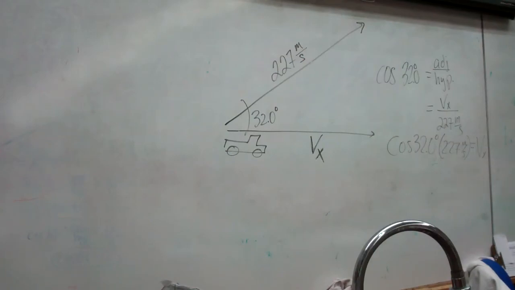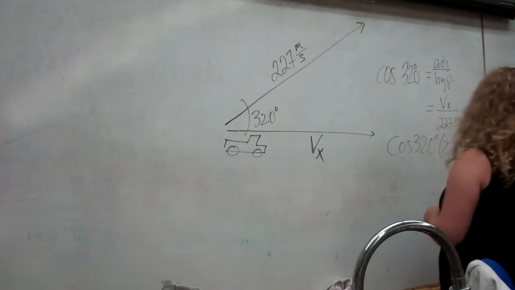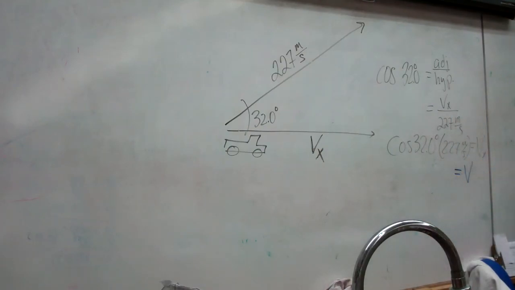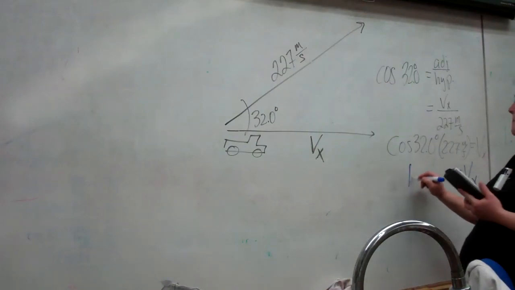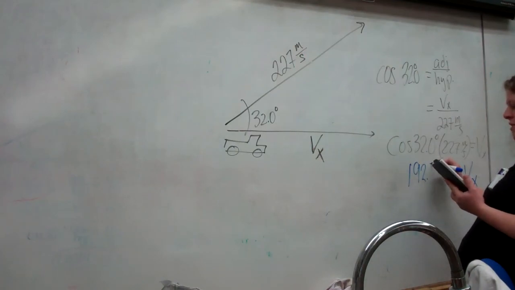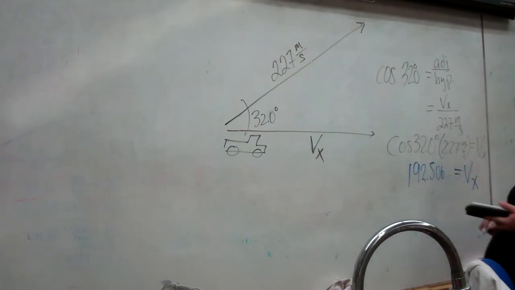Okay. What's your x velocity, Austin Brooks? Okay. All right, is that 22.7 or 220? I'm sorry, 227. Did I say 22.7? Yeah. My apologies. 192.506 blah blah blah.